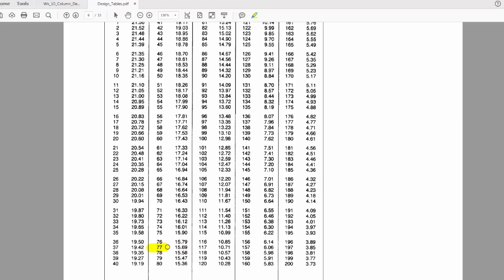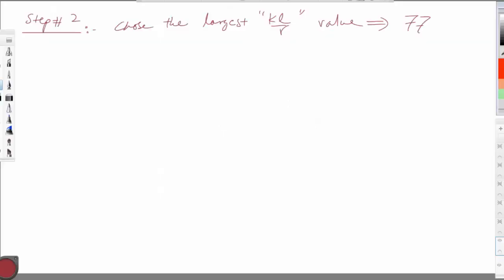So here is 77. So 77 is 15.69. 15.69. That is kip per inch square.